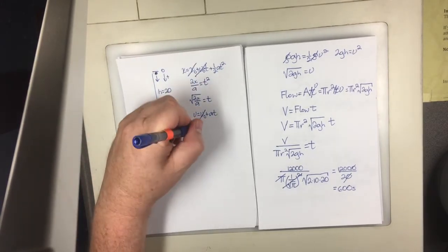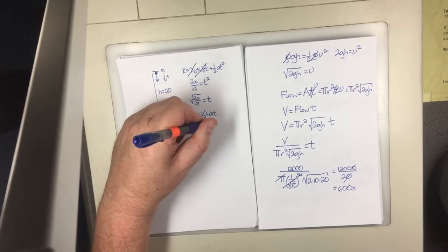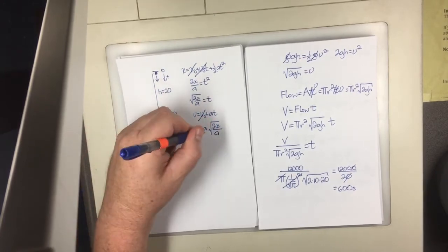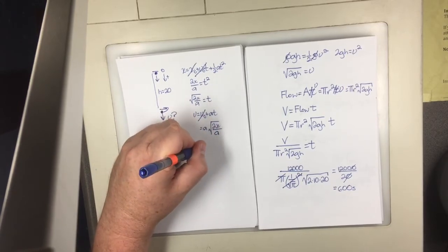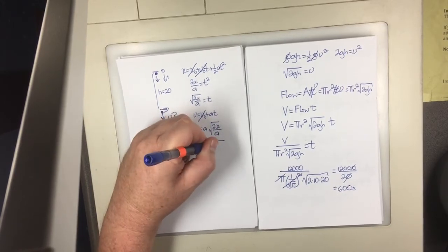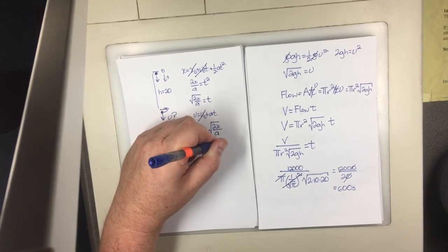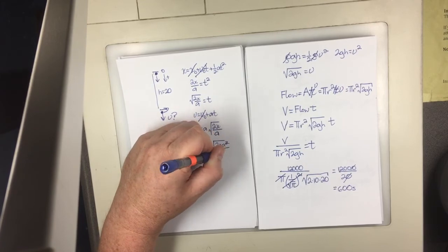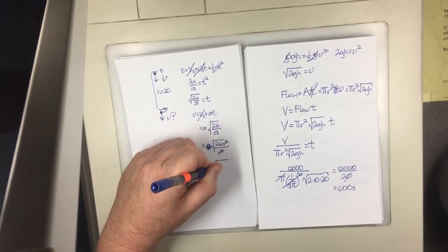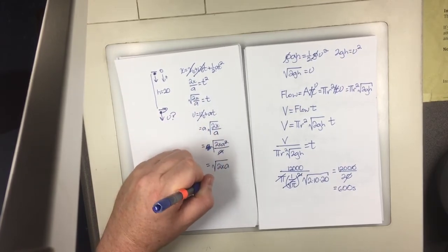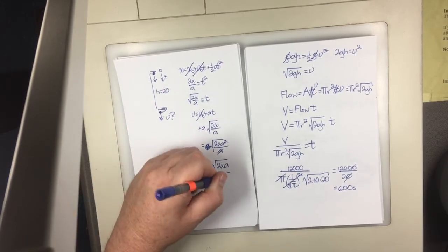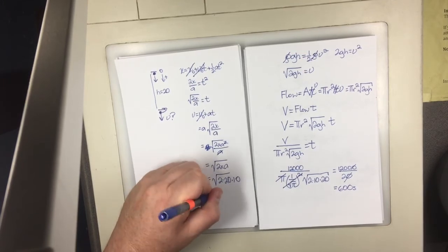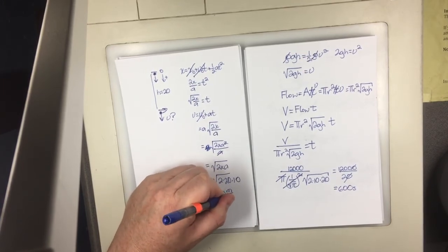Well, what's the velocity? The velocity is a times t. That's square root of 2x over a. I'm going to bring the a inside. Square root of 2xa, which gives me 2 times 20 times 10, or 20 meters per second.